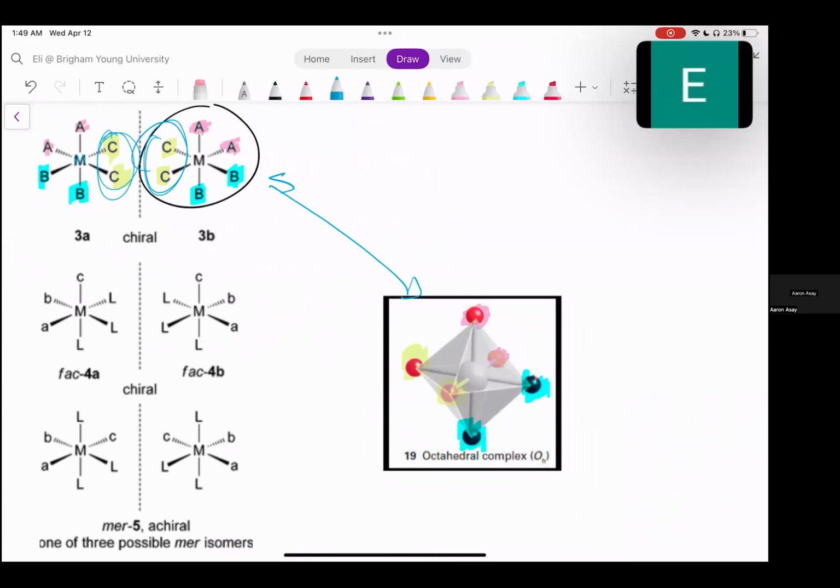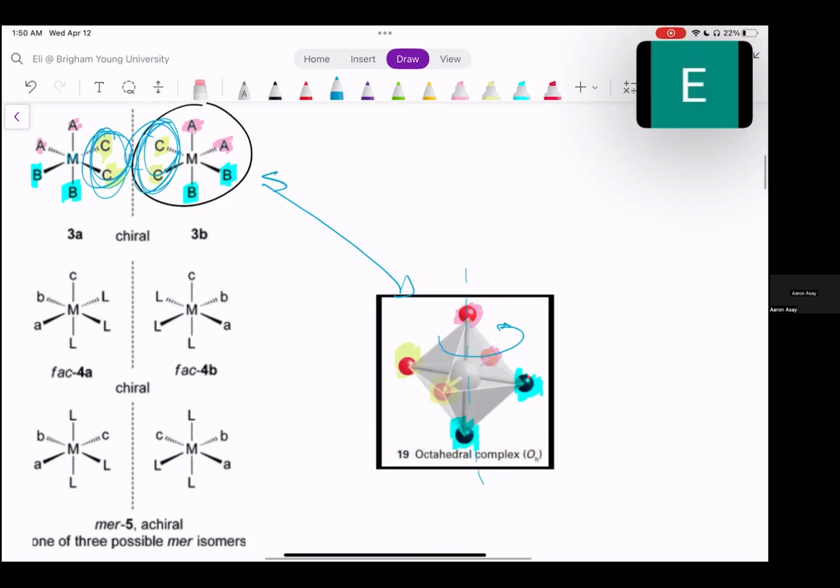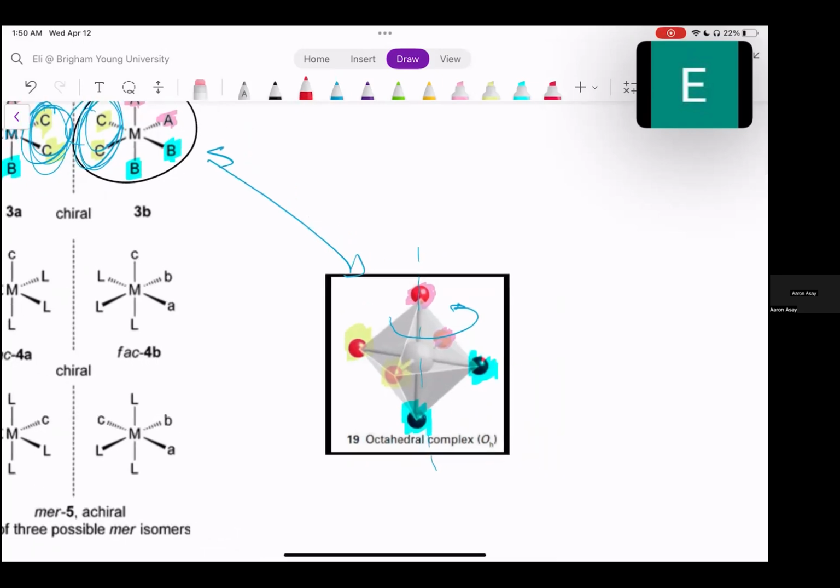So I'm going to take it and I'm going to spin this 180 degrees kind of on this axis right here in order to try to get these to line up with those, right? So we're going to spin that. If we spin it 180 degrees, we know that this one is going to move 2 spots. This one's going to move 2 spots, so on and so on. So let's draw that.